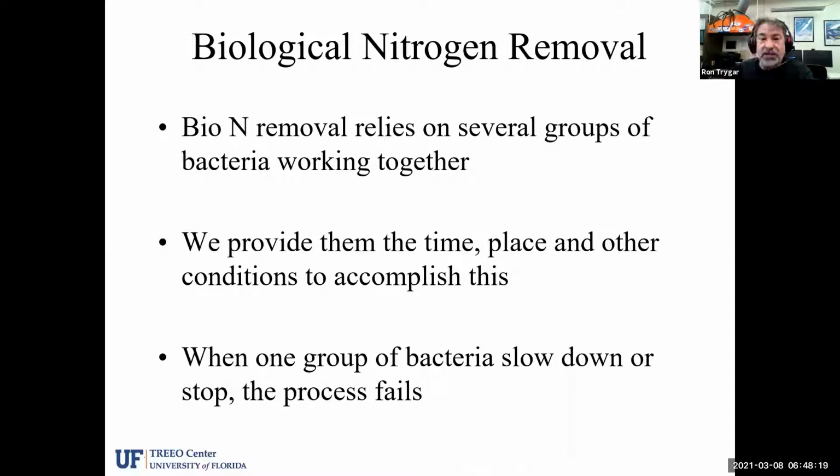So we rely on these bacteria to work together. We also rely on other groups of bacteria to convert the now formed nitrate into forms of nitrogen gas, but we like to have that happen in other parts of the treatment plant, not near the effluent part of the plant.